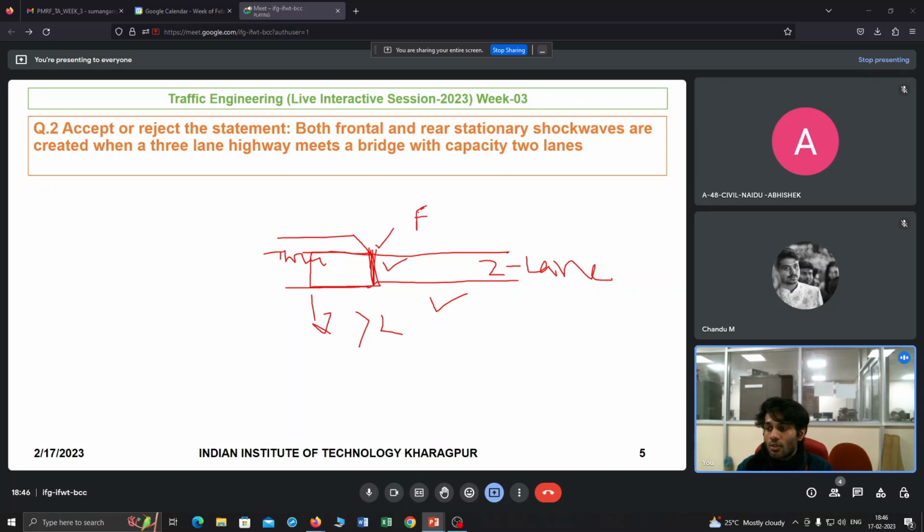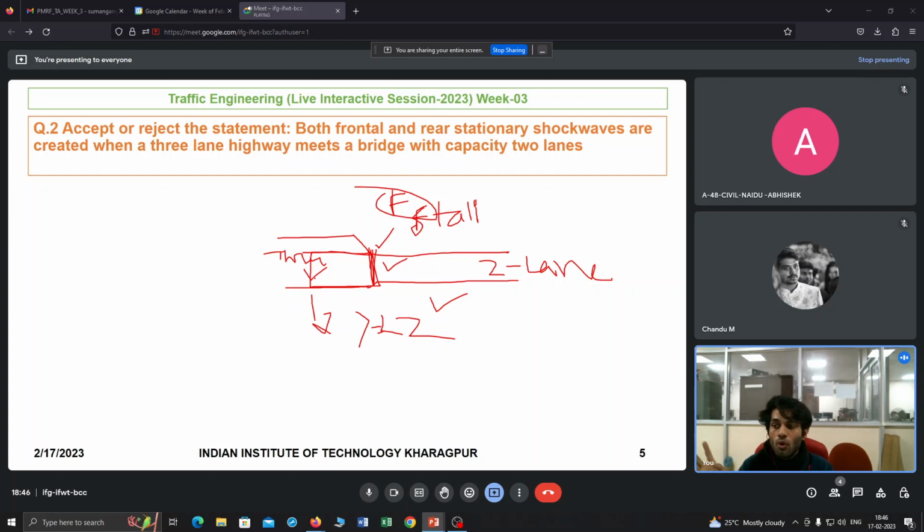This frontal stationary will stay, and then once demand is again equal to 2, your rear stationary will appear here, right, and it will stay up to that time.